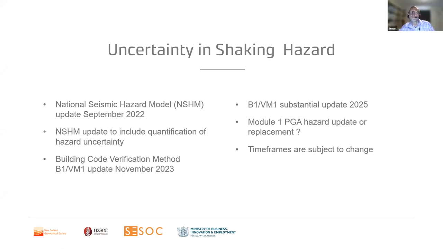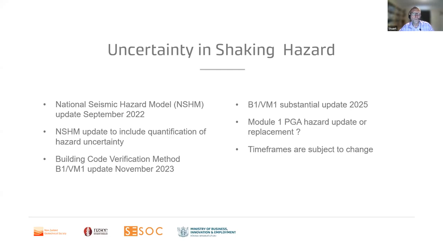There's certainly considerable uncertainty. There's uncertainty in the intensity of shaking that you could expect for any nominated return period, and that will be quantified in the update of the National Seismic Hazard Model, which we can expect to be released around September of this year. Then there's further uncertainty in how that National Seismic Hazard Model information will be interpreted and applied in our codified hazard.